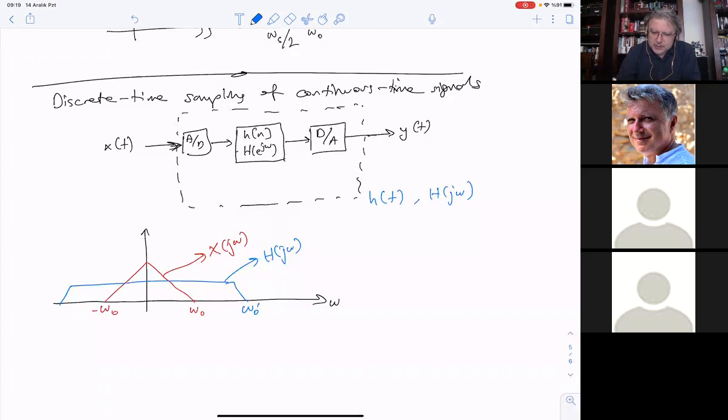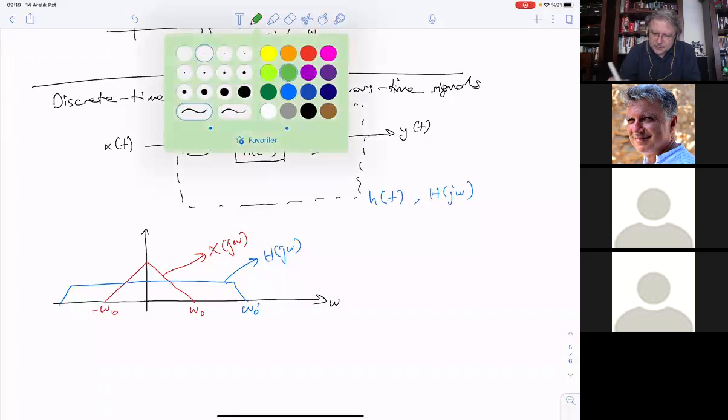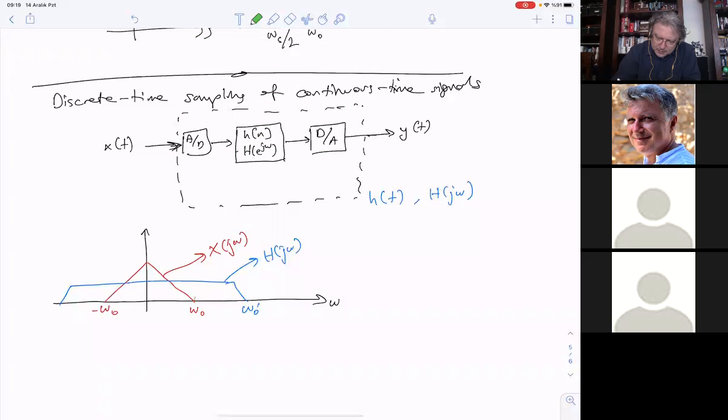So we are going to crop it with this green crop and consider h of j omega only between minus omega 0 and plus omega 0. That is the place that we are going to focus on for h of j omega. And we will reproduce that portion of h of j omega using h of e to the j omega, using the discrete time system.